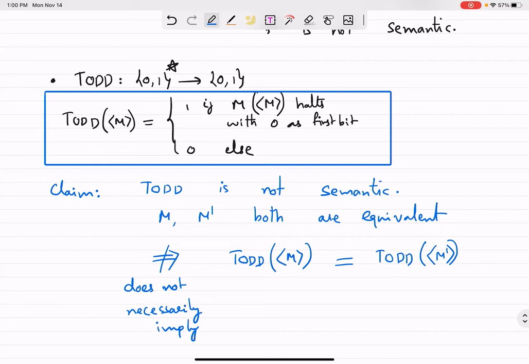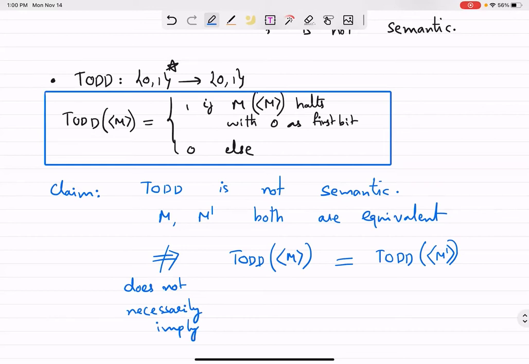Exactly, because the definition of toddler really talks about running m on the description of m. So when I ask for toddler of m, it's going to check what m is doing on the description of m. If you ask toddler of m prime, it's going to check what m prime is doing on the description of m prime. So toddler, by definition, looks at the source code of the program that you're inputting. Whereas other things like halt on 0 don't really talk about the source code. They talk about the input output behavior.